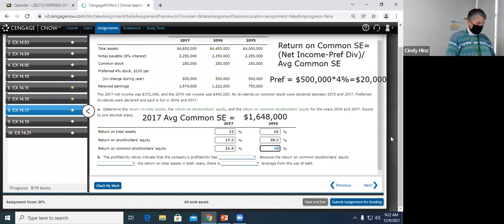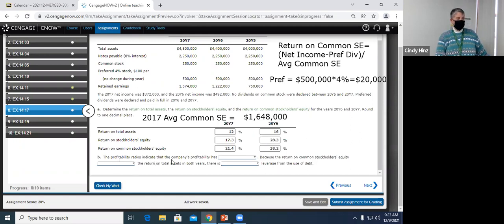And change it into a percent and round to 1 decimal place. So I got 38.18 or 38.2. And just like with the other two calculations, higher is better. Higher return is better for the stockholders. So we can then answer our questions.